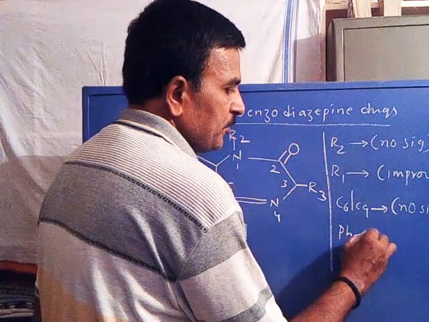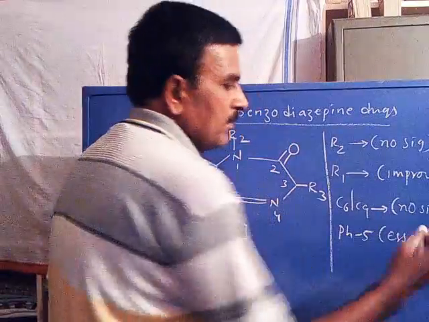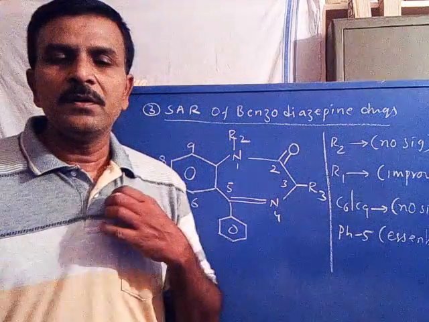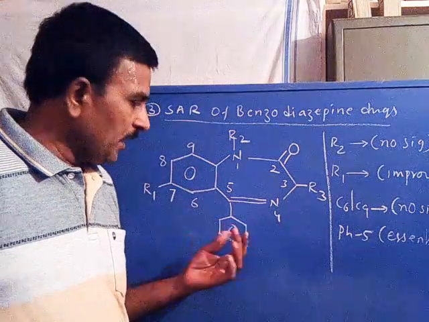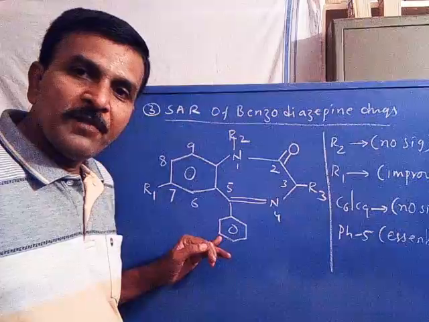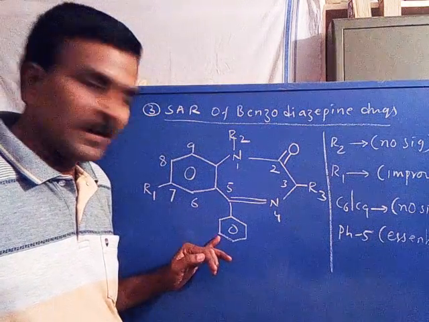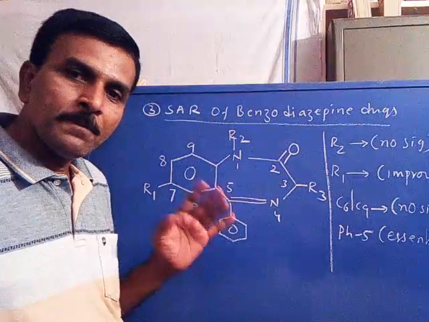Phenyl at 5th position is essential for its activity. Now, further, any electron withdrawing group, if substituting on a phenyl ring, so presence of phenyl ring is essential for the activity.